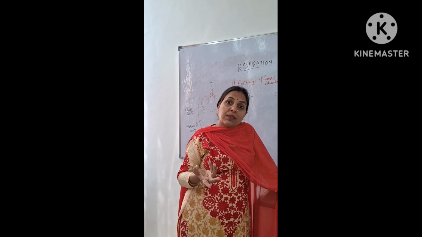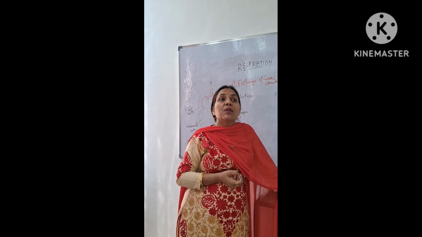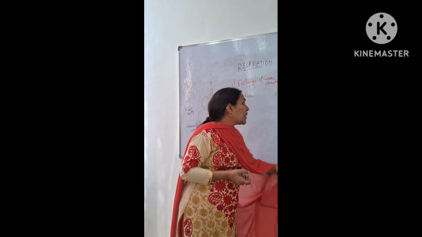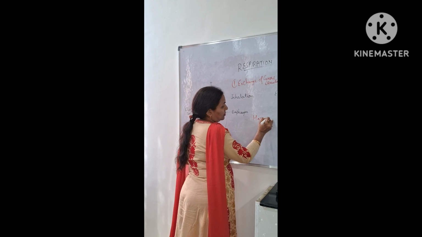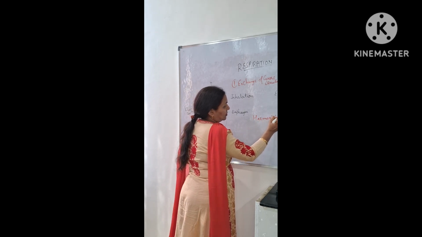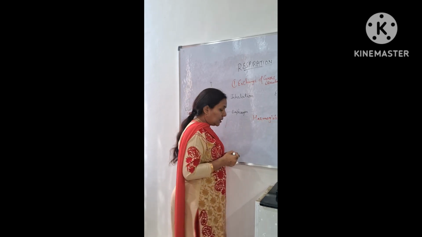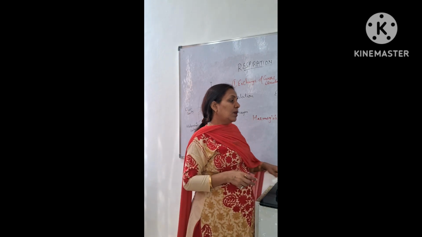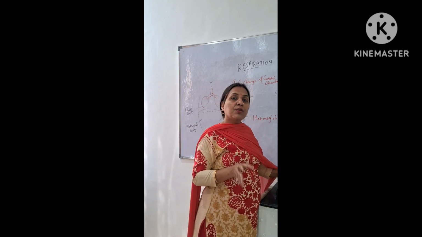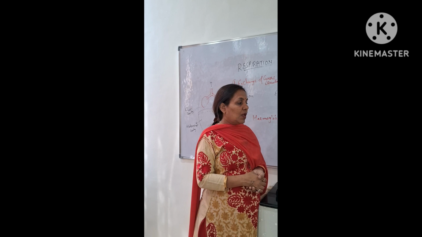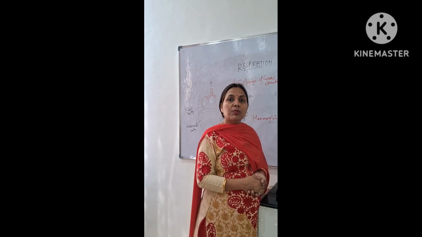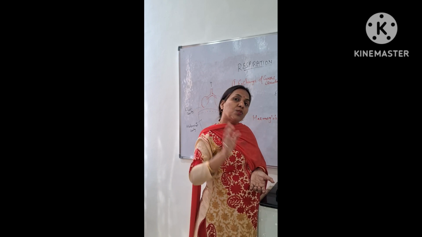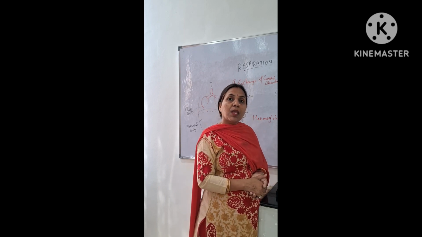So there should be a method, and that method is a pigment known as hemoglobin. This hemoglobin has great affinity towards oxygen. So it forms a complex known as oxyhemoglobin and carries it to different parts of the body.